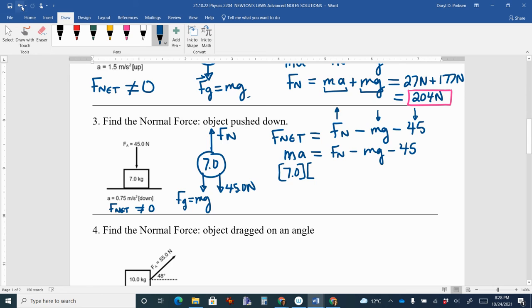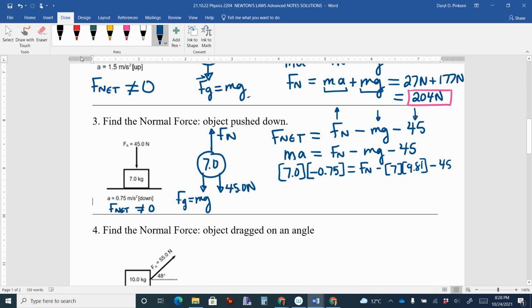That means I had to put in my acceleration as negative as well because it's in the downward direction, and I have chosen the downward as negative. So that's going to be Fn minus 7 times 9.81 minus 45.